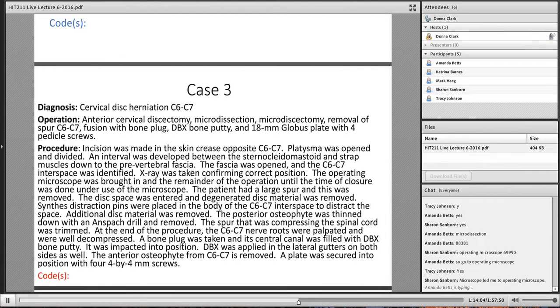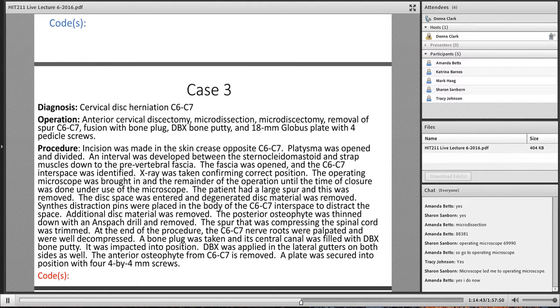Now, let's read our notation. If you go to that code, you're going to check that in your tablet, right? And it's an add-on code, 69990. It says microsurgical techniques requiring use of operating microscope, list separately in addition to code for a primary procedure. Now, if we go up right above it and look at the notation, it says the surgical microscope is employed when the surgical services are performed using the techniques of microsurgery.